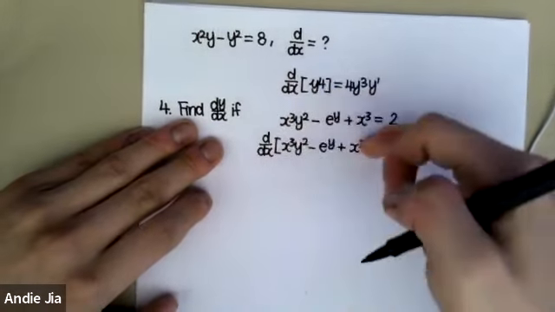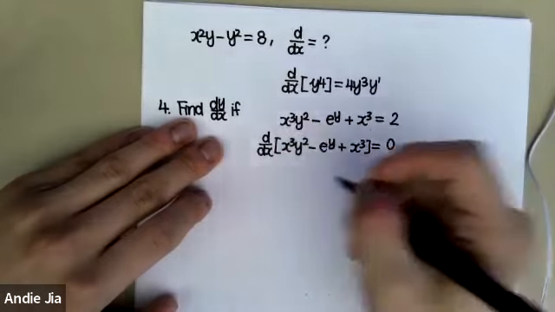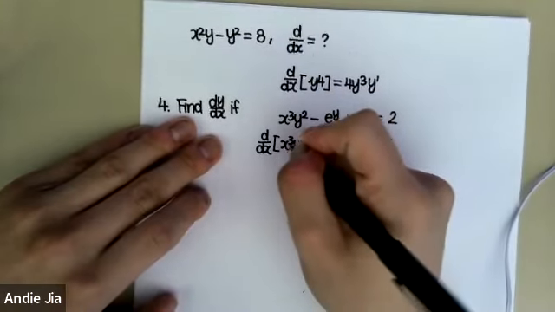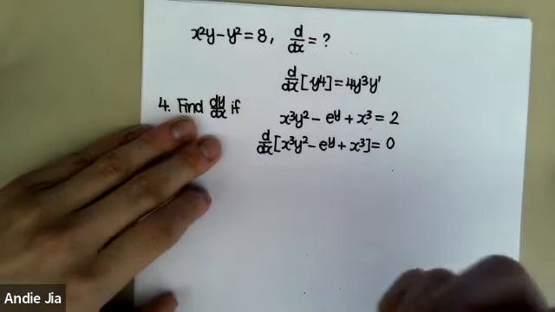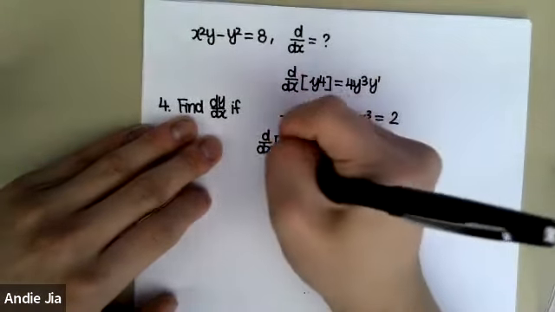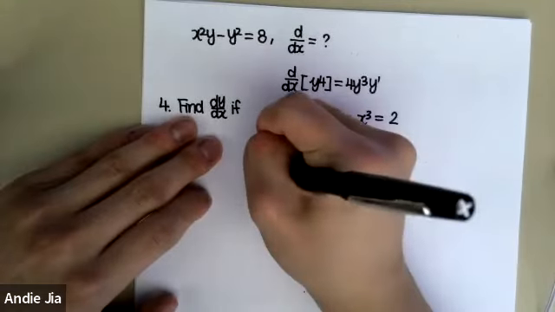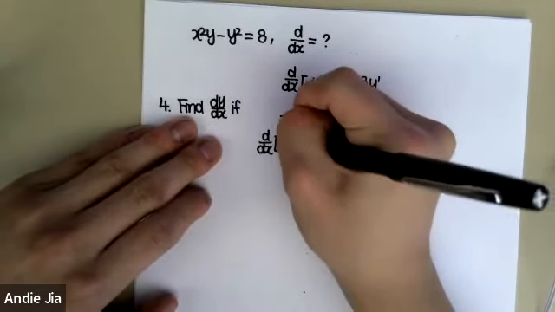Now just split them into terms. So we have this d/dx of x cubed y squared. You first use the product rule.